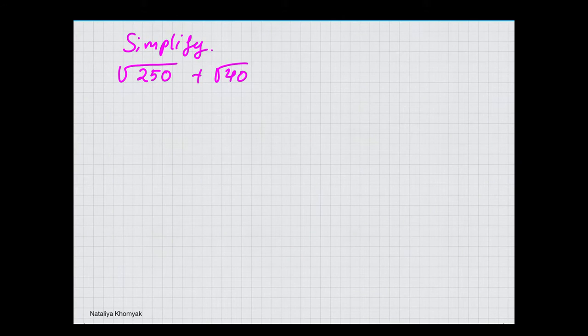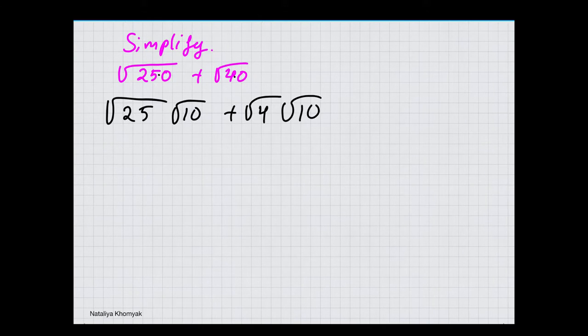Here we have to simplify square root of 250 plus square root of 40. Now this is times 10. So I'll have 25 times 10 plus square root of 4 times 10.